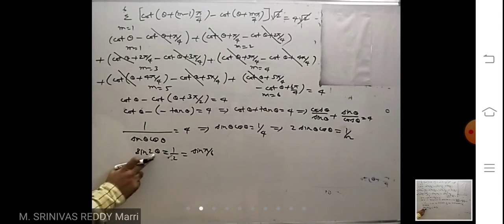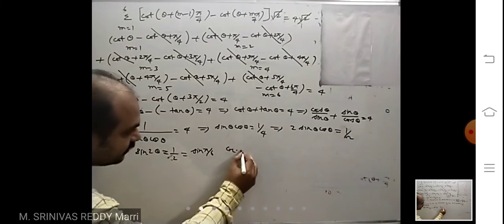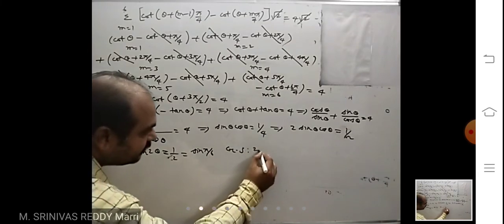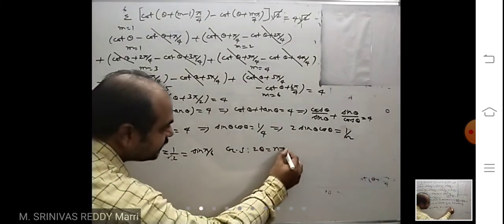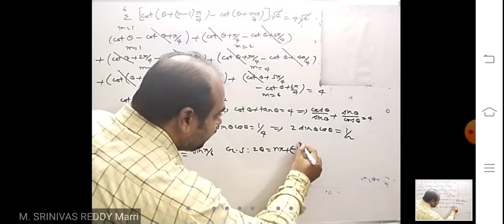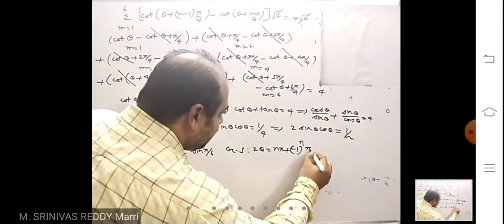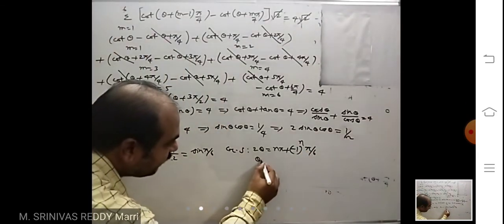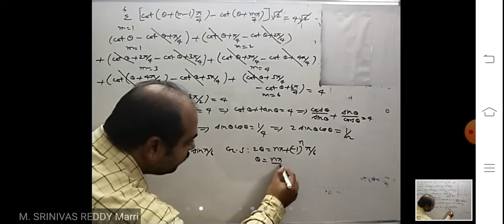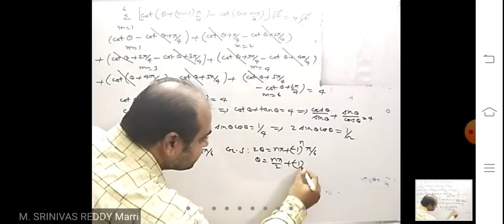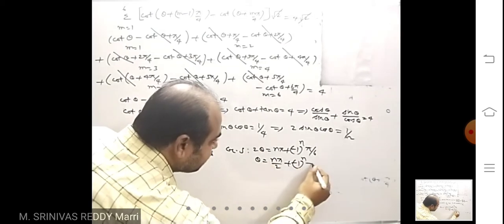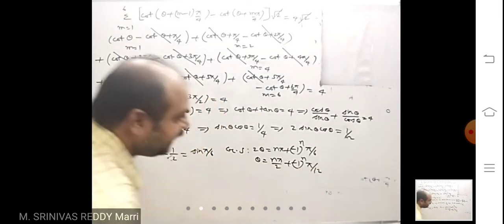Now this is of the form sin theta equal to sin alpha. What is the general solution? The general solution is theta equals, what is the formula for sin? n pi plus minus 1 whole power n into alpha, pi by 6. Now calculate the value of theta. Theta equals n pi by 2 plus, bringing to this side, pi by 12.